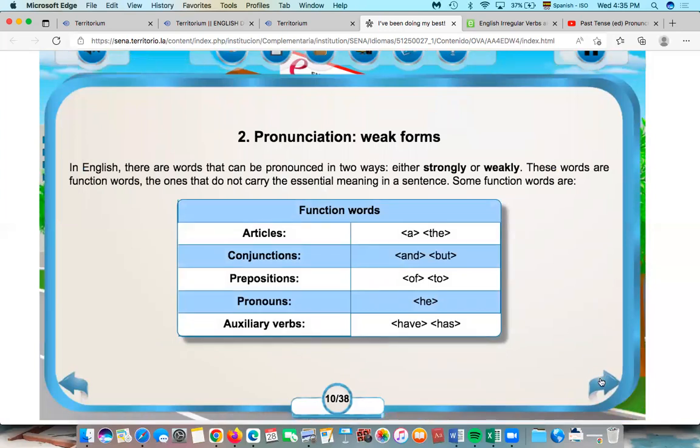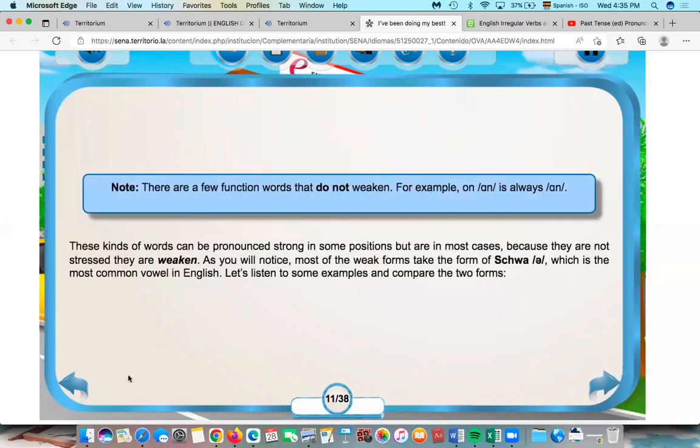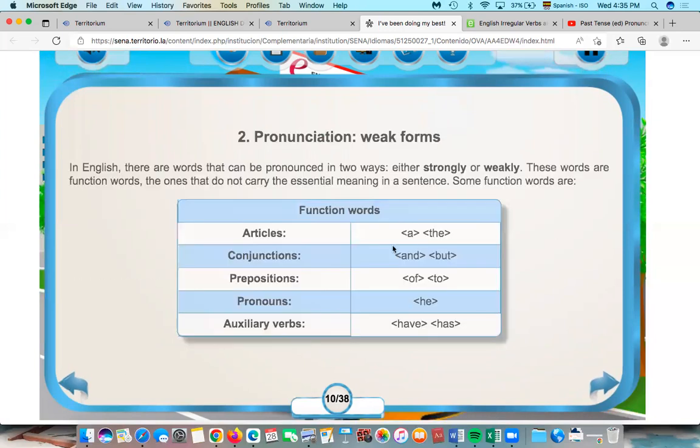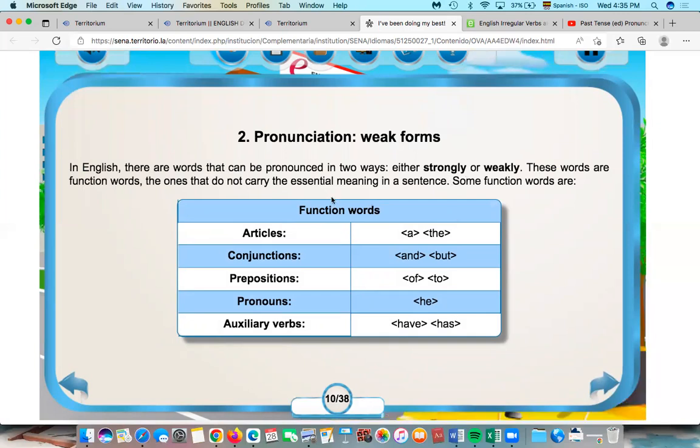So there is something here in English that is considered when you pronounce these words. Some of them sound stronger than the other ones. So the ones that are stronger probably are the actions. Probably the strongest, yeah, but it depends on the sentence and on the meaning.